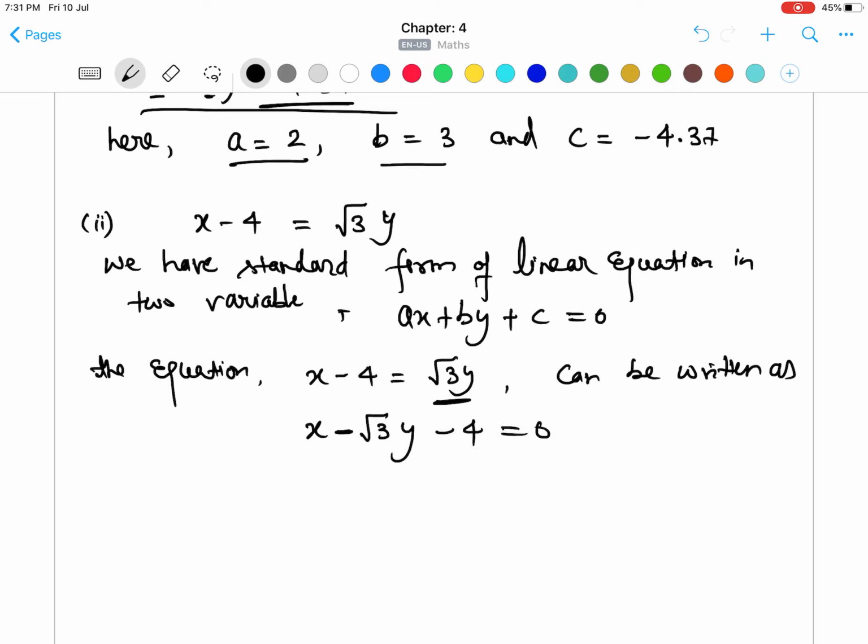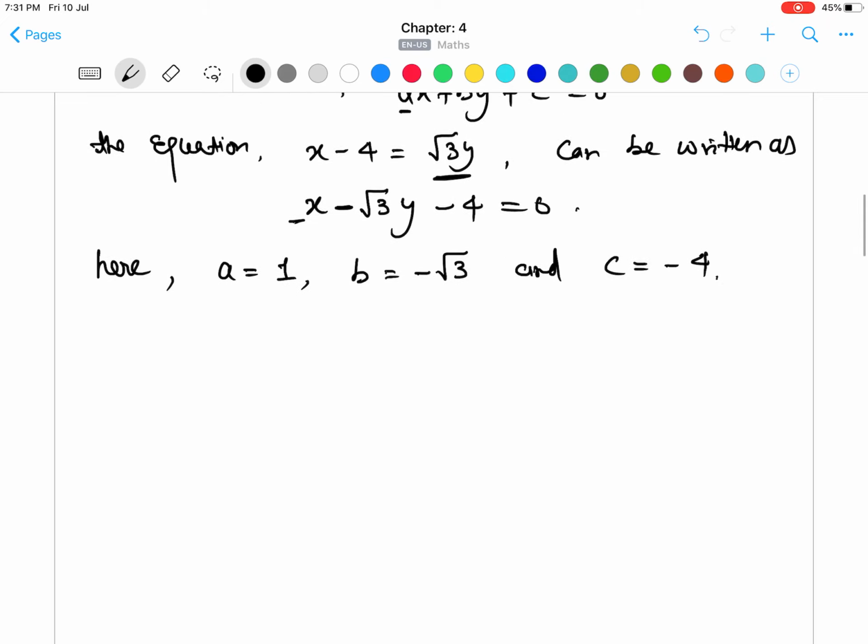Now we'll compare this equation to the standard equation. Here we don't have any number written with x, so the value of a will be 1, then the value of b will be minus root 3, and the value of c is minus 4.